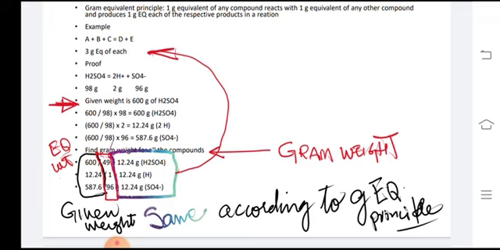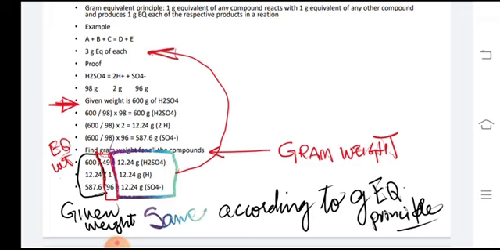So once you know the gram equivalent of any compound, you can find the other unknowns as well. It is easy to reverse calculate the given weight of any other compound, or if you know the given weight of the B compound, you can find what compound it is.